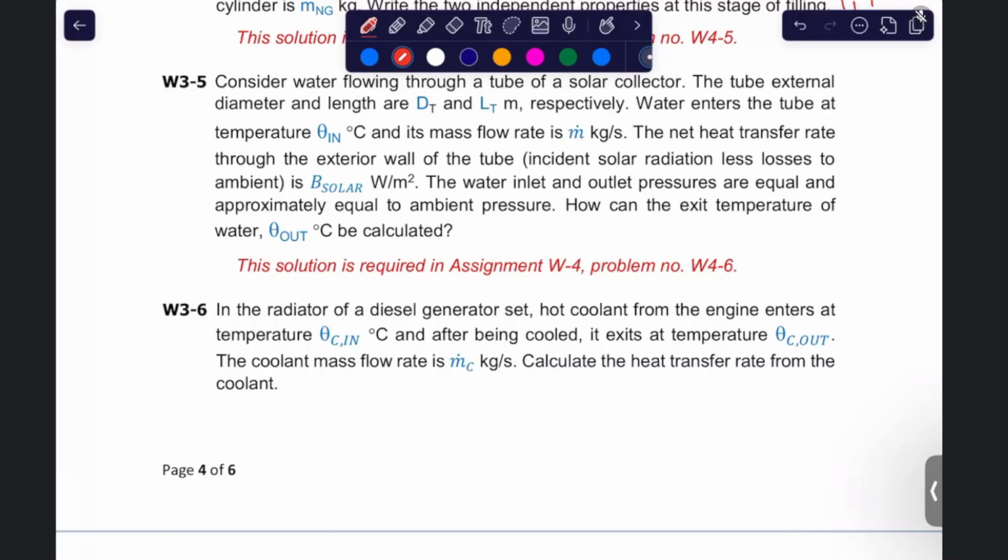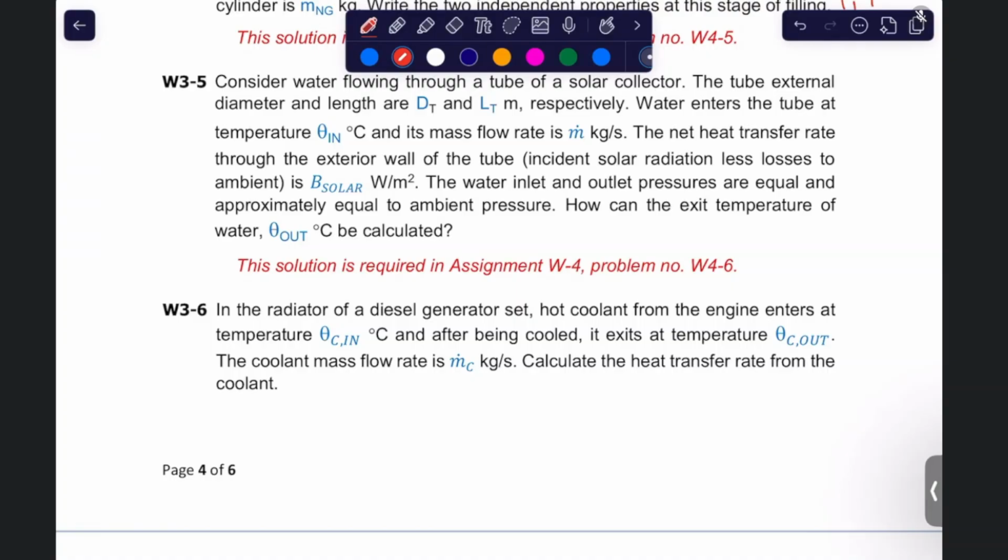Fine. Water inlet and outlet pressures are equal and approximately equal to ambient pressure. How can the exit temperature of water, theta out degree centigrade, be calculated? Okay, so the control volume is the tube with water flowing through it, and it is to be taken as a steady state SSSF process, and mass flow rate is constant.